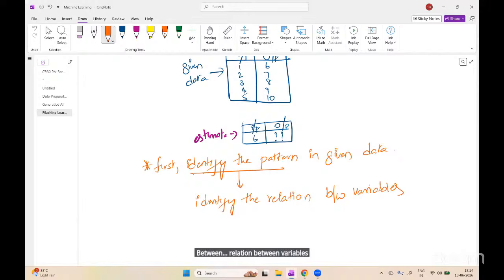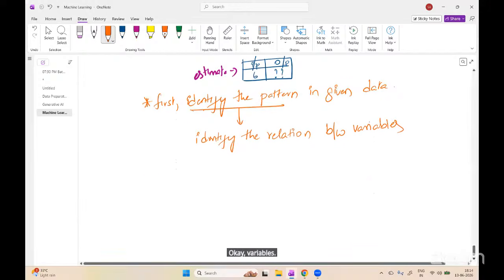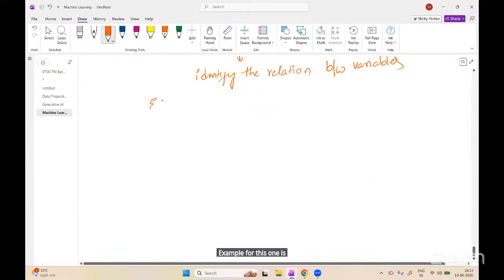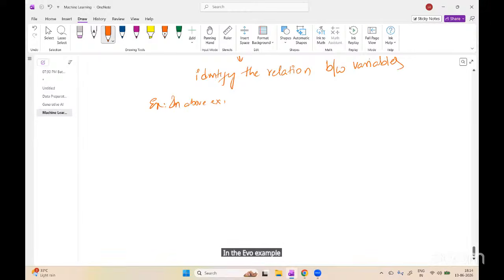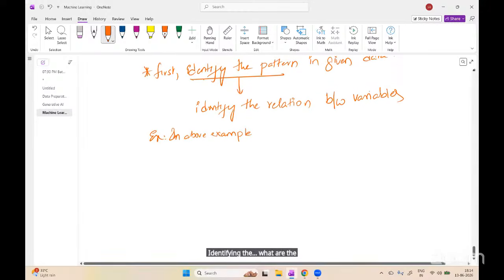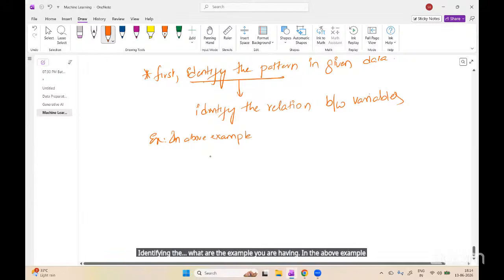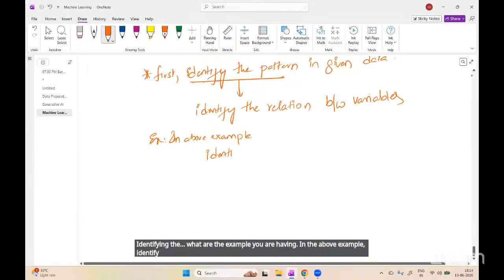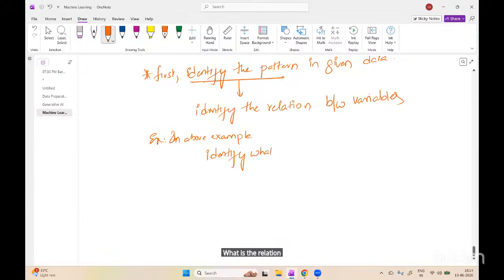Okay, variables. In the above example, identify what is the relation between X and Y, or input and output.